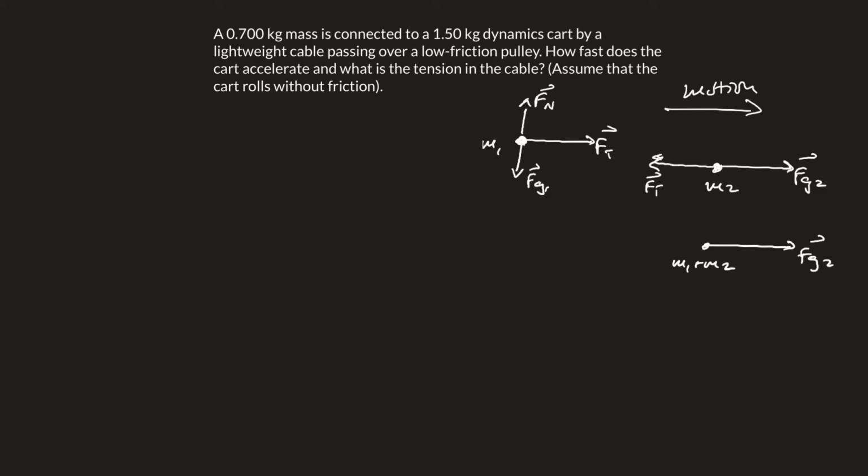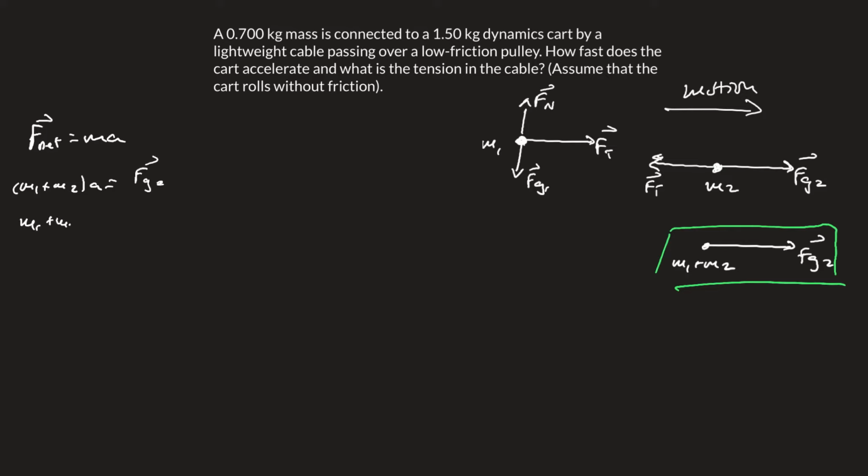So I've left my free body diagrams on the screen here as we go ahead and try to solve some of this. So we know, of course, Fnet, start as we always do, is equal to ma. And ma is m total. So m total is simply going to be M1 plus M2 times acceleration. And given our diagram, looking at this free body diagram, that is simply going to be equal to Fg2.